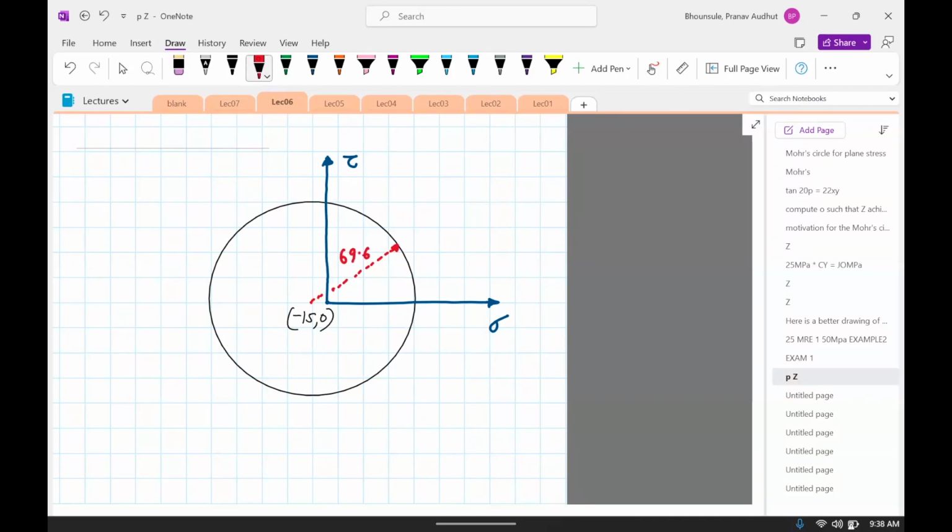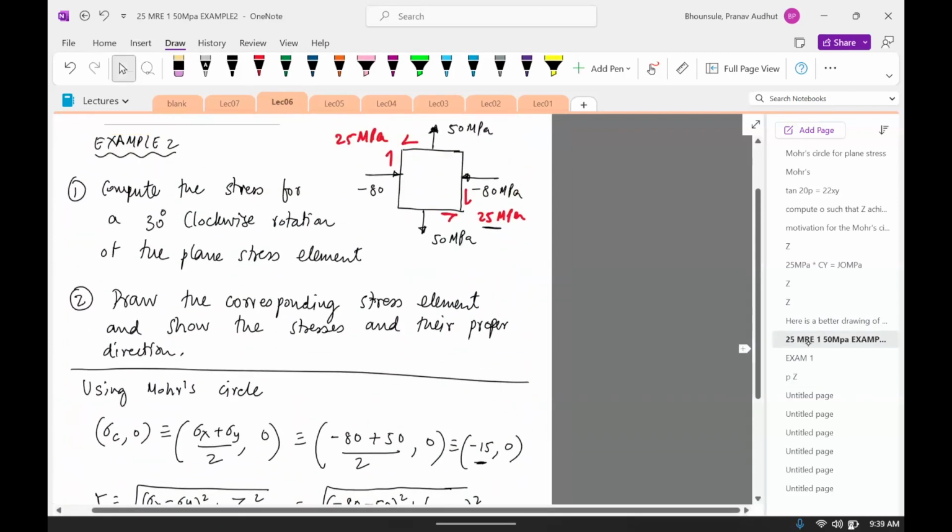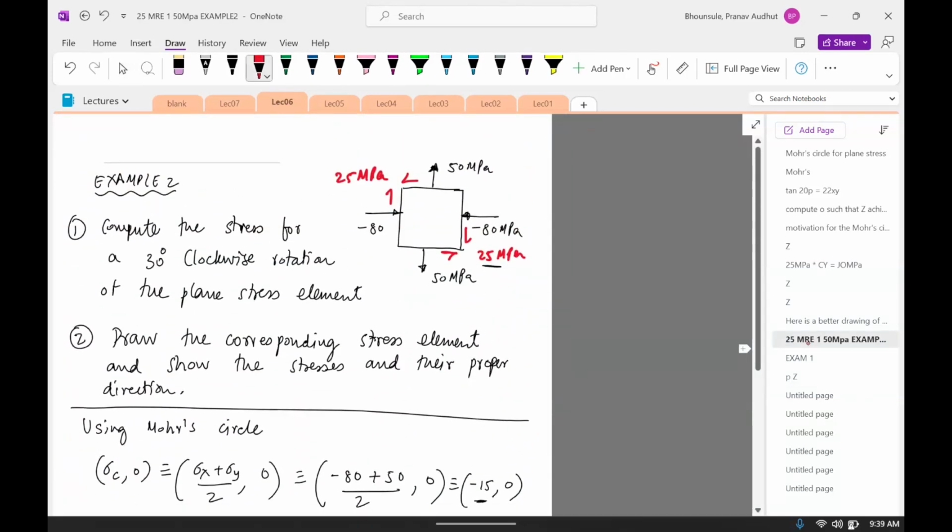Now, coming back to the problem, we need to compute the stress at 30 degrees. But before that, remember always 30 degrees is with respect to this face. So we need to identify where this face, or it could also be this face. Let's just do this face. This face is on the Mohr's circle. In order to do that, we need to plot minus 80 and 25 on the plot.